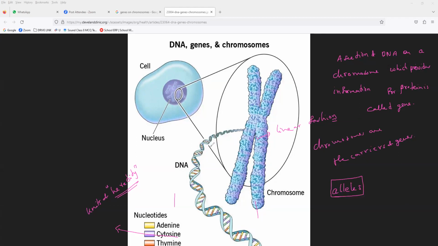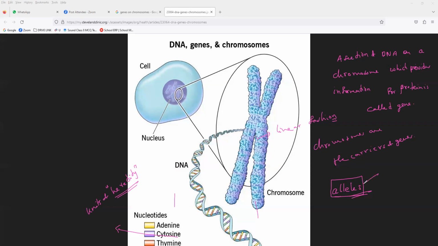So once again, remember, in normal conditions, you can observe very carefully, for each character, each gene has two alternative forms, producing two different effects. That is what we call alleles.